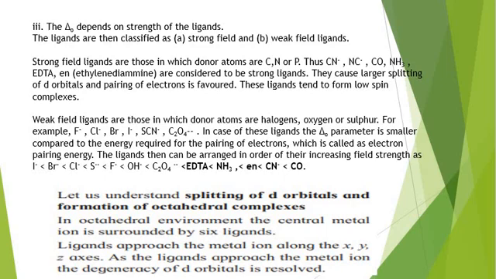Ligands are classified on the basis of strength as strong field ligands and weak field ligands. Strong field ligands are those in which the donor atoms are carbon, nitrogen and phosphorus. That means cyanide ion, carbon monoxide or carbonyl, ammonia, EDTA, ethylenediamine.